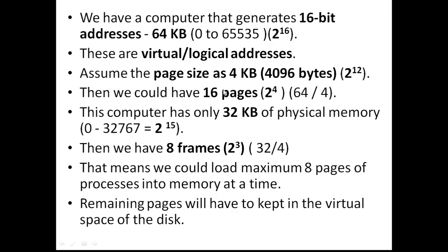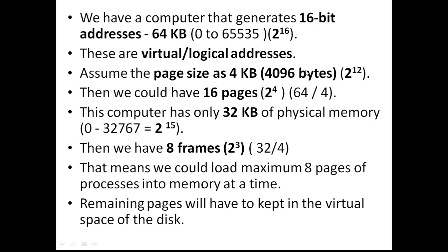And now assume that the page size is 4 KB, which means it comprises 4096 bytes. So we need 2 power 12 bits to represent the offset, because 2 power 12 is equivalent to 4 KB.